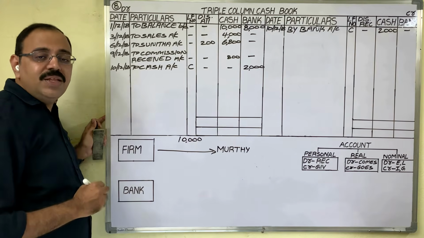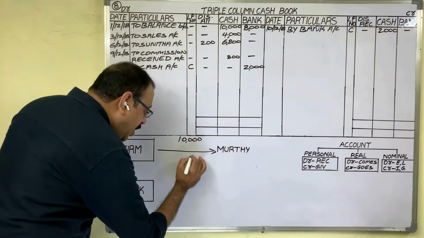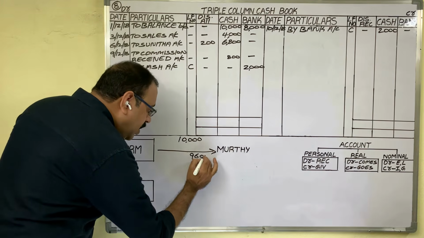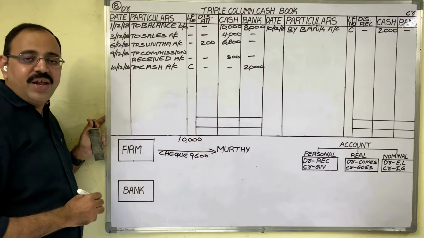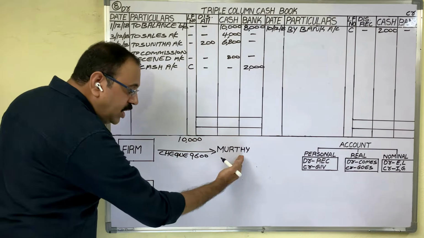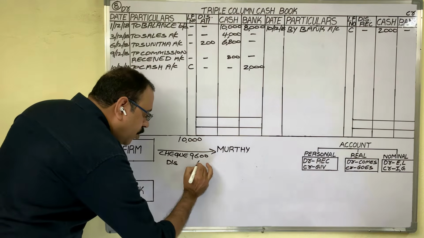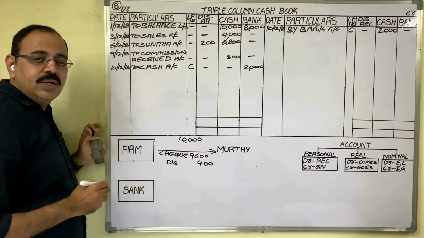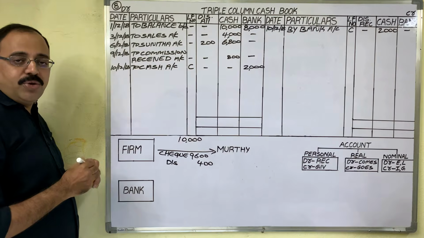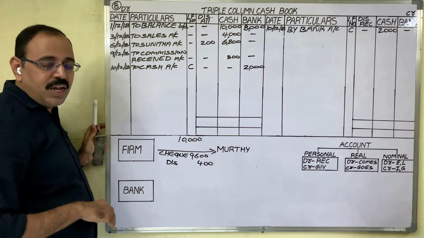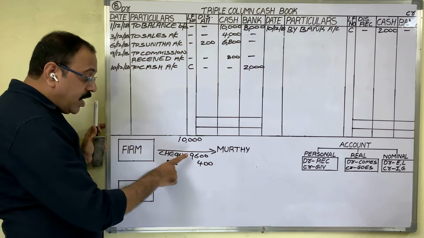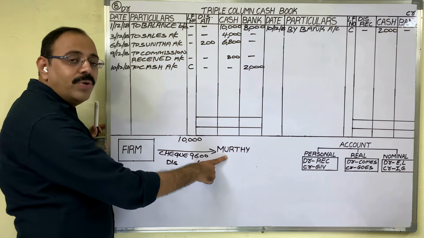How is the firm settling this due amount? By issuing a check for 9,600. Means Murthy is allowing a discount of 400 rupees. Instead of paying 10,000 rupees as a final settlement, the firm is paying 9,600 rupees only.